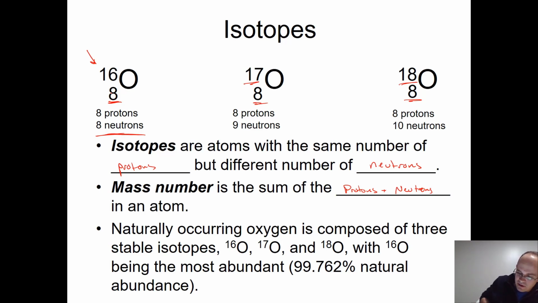And here, in this case, 99.762% of oxygen that's naturally occurring is O16. That's typical. Usually there's one large isotope that occurs the most frequently. In the lower elements, it's usually the one with the same number of protons and neutrons, but not always, so we'll be paying attention to that.